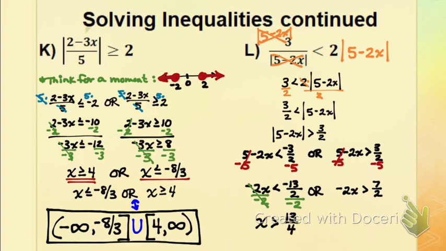So I would have that x is greater than 13/4, or that 7/2 should be negative. But if you did 3/2 minus 5, would it be negative 7/2? Yes, you are correct. So now it's going to turn positive. You're right. I wasn't looking high enough on my own notes. X is less than 7/4.